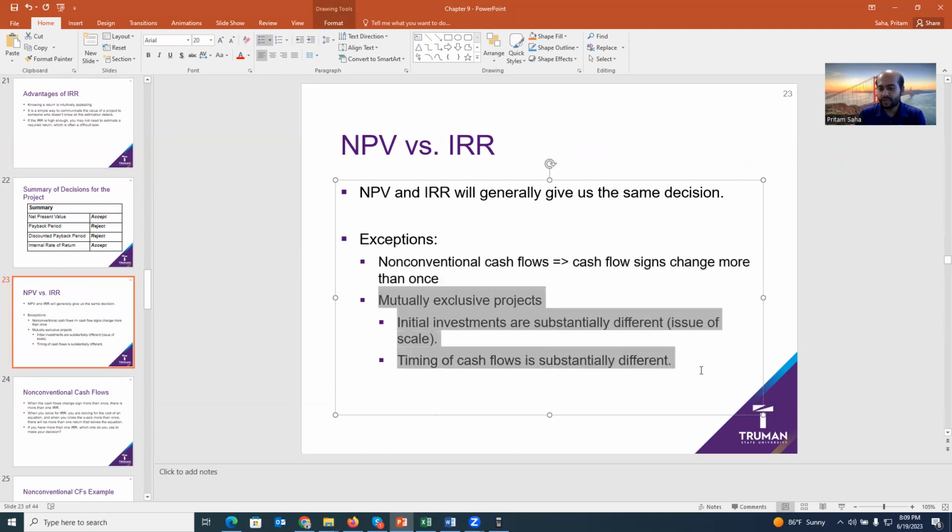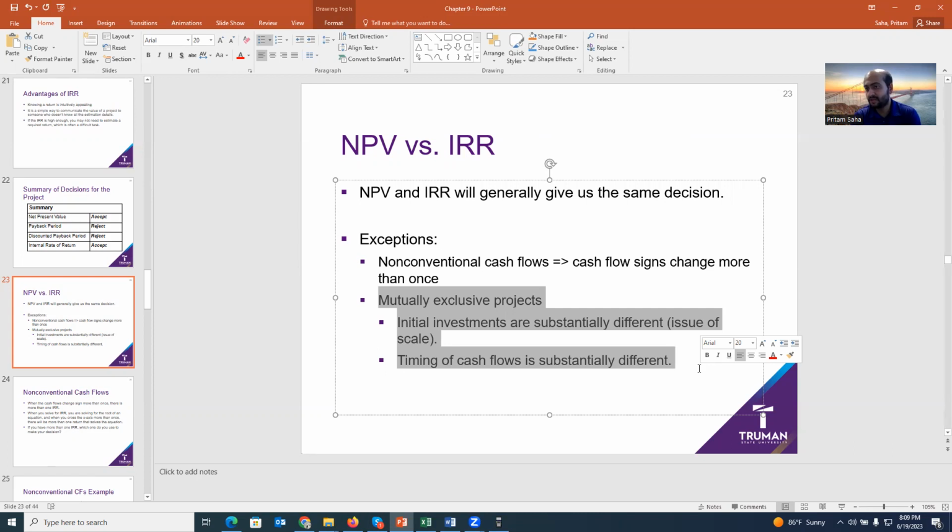The second is mutually exclusive projects. When you say mutually exclusive projects, they are different projects in terms of inflows and outflows, but the key thing is that you are not able to take both projects at a time. Maybe you do not have sufficient assets to invest in both.